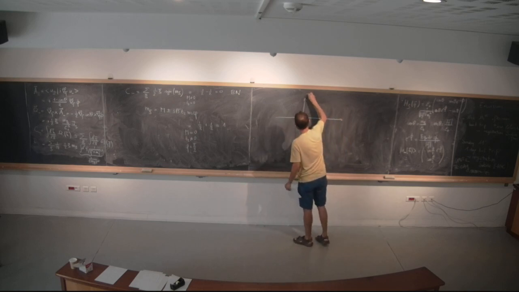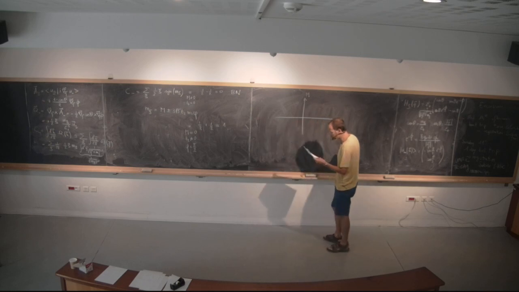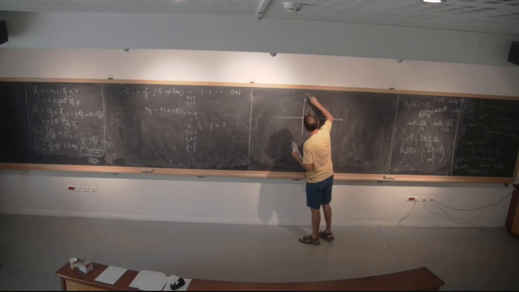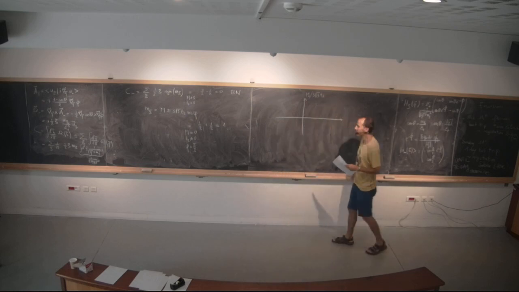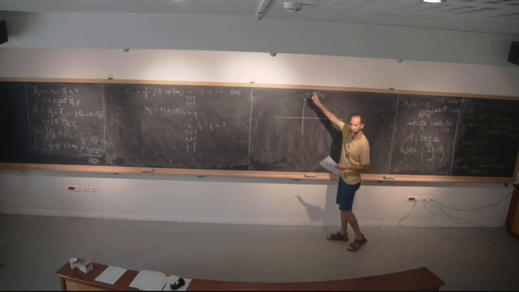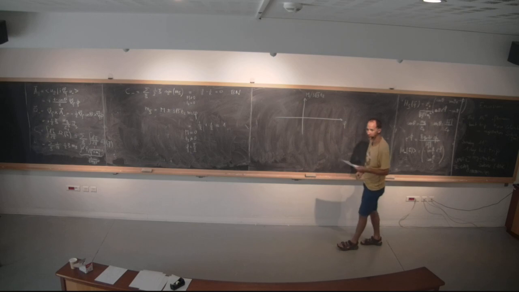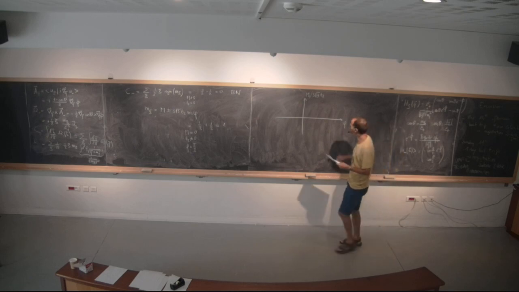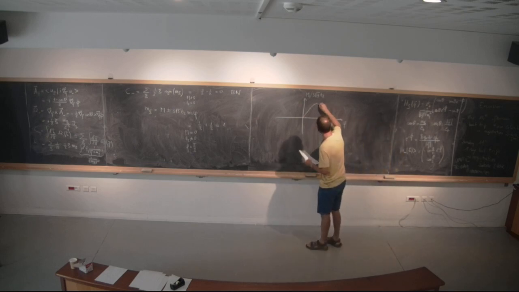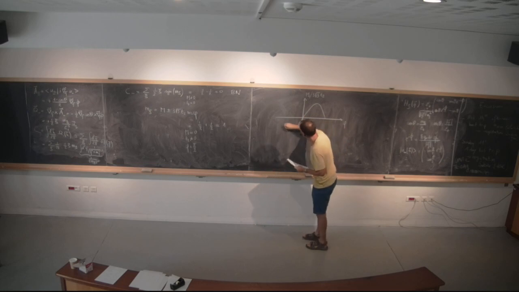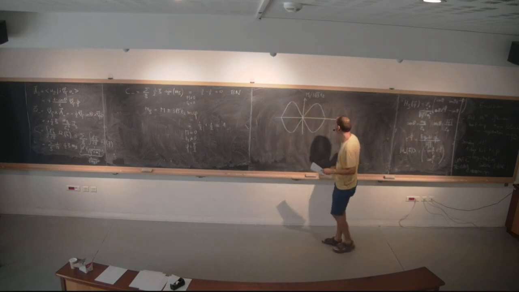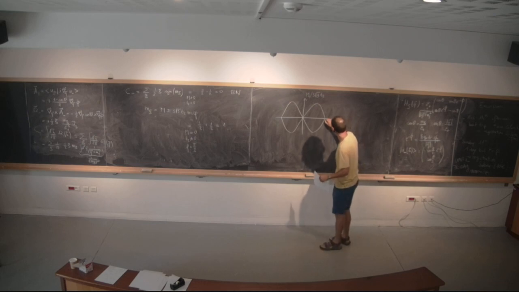One breaks time inversion symmetry, and I take it in dimensionless units by using this as a normalization. But here, this direction breaks inversion symmetry. This direction breaks time reversal symmetry. And the phase diagram is the following. It looks like this. And here it's pi.